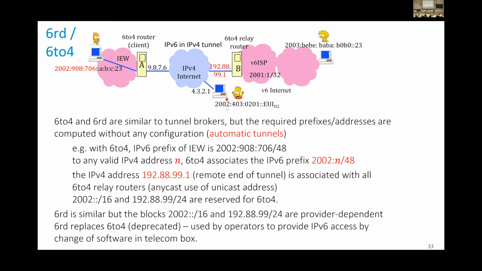So all this together creates what we call automatic tunnels. We don't need to configure them, because these two blocks, 2002 and this red block here, are well known. And if you decide to enable 6to4 on your router, it will automatically create tunnels to these two blocks of addresses.